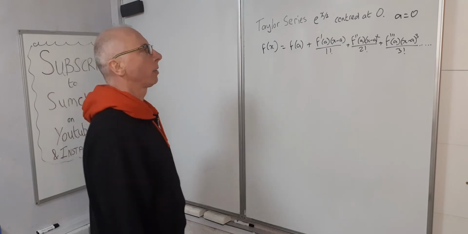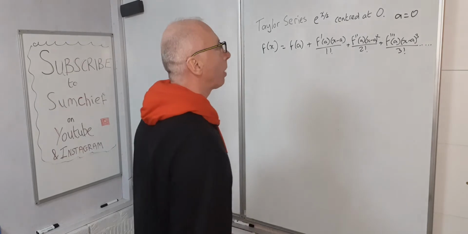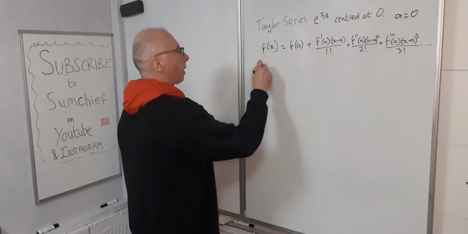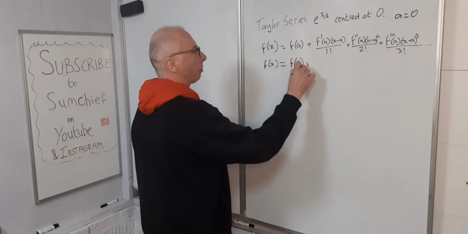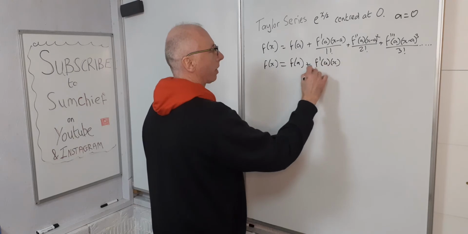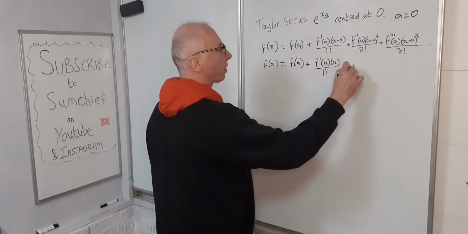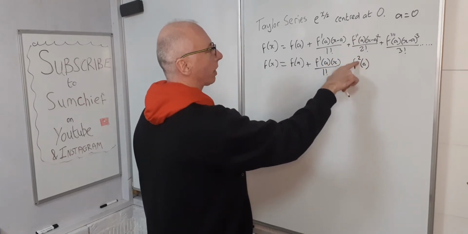Okay, so as we're centering at 0, we can just simplify this at the moment, because we're just going to work it at 0. So f of x equals f of a plus f prime of a times x over 1 factorial plus f double prime of a. So that's 2, that's also a 2.